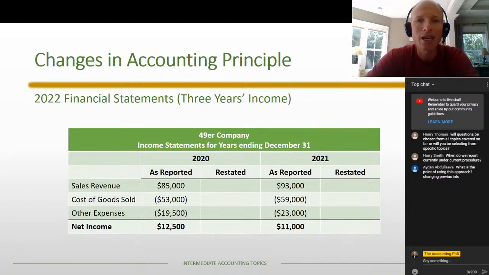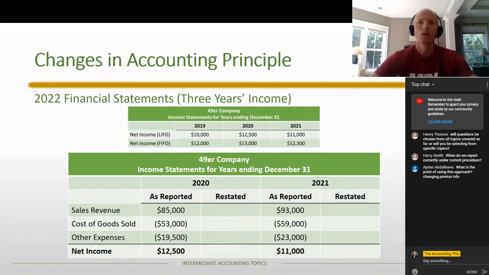By the way, on a test, you are going to need to be able to do this sort of thing: look at financial statements and, given the originally reported amount and some sort of change, present a restated income statement or a restated balance sheet, which we're going to see in a second. So it's very important that you understand how to go from the $3,800 journal entry down into the income statements and think about what may have happened.